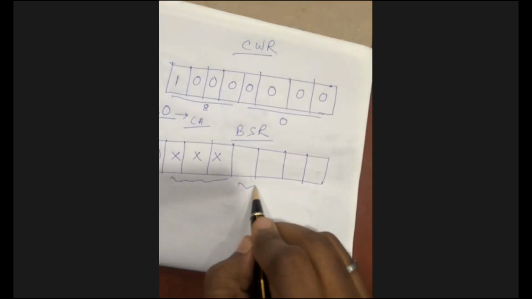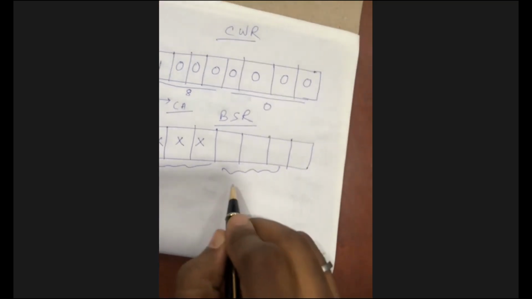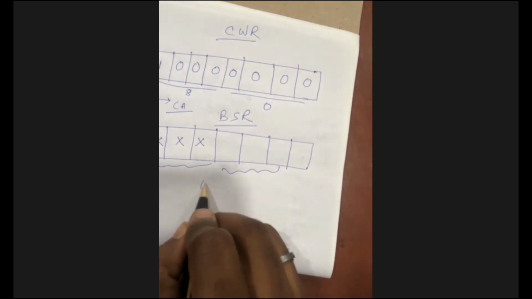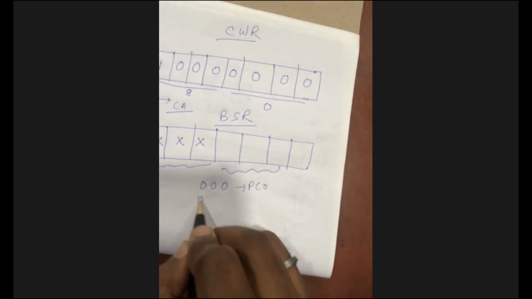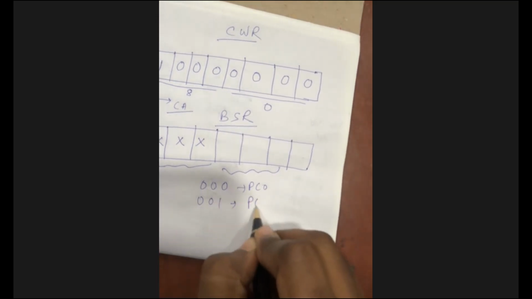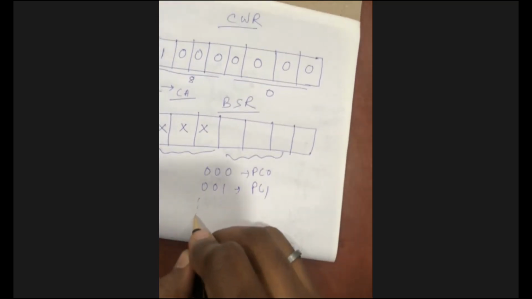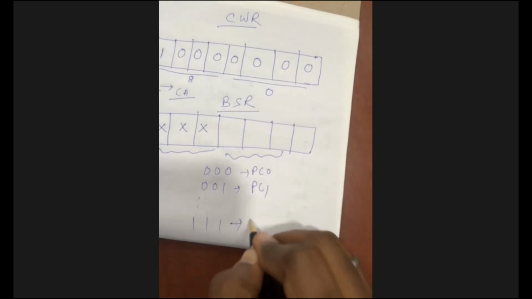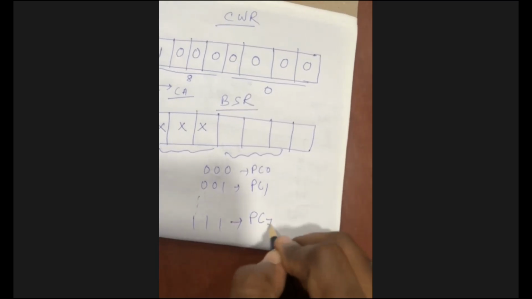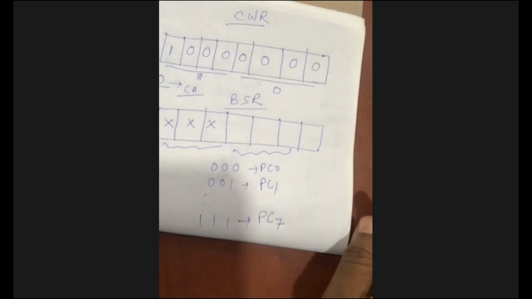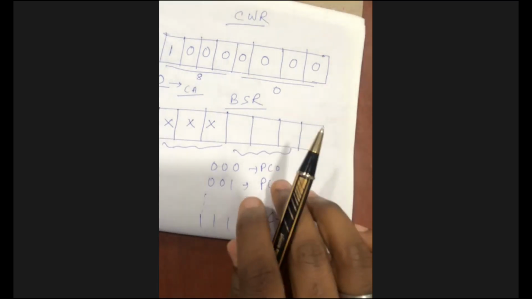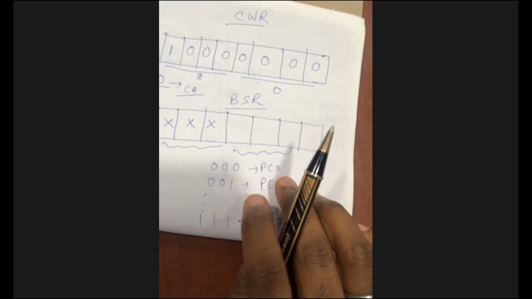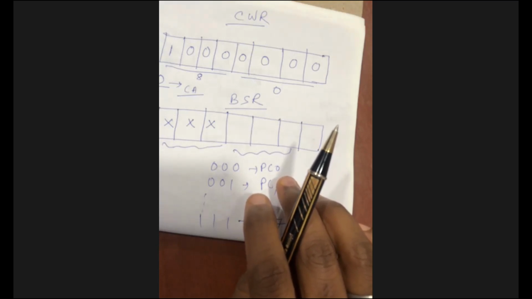These three bits: if it's 0, 0, 0, then PC0; 0, 0, 1, then PC1; similarly 1, 1, 1 is PC7. PC0 to PC7, any bit you can set or reset. Only port C you can set or reset.